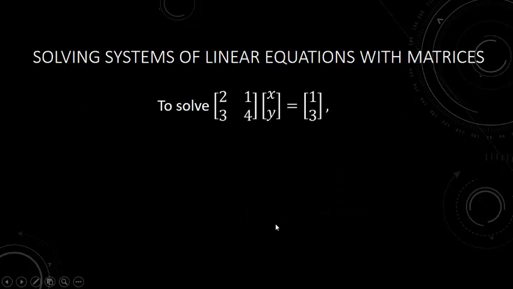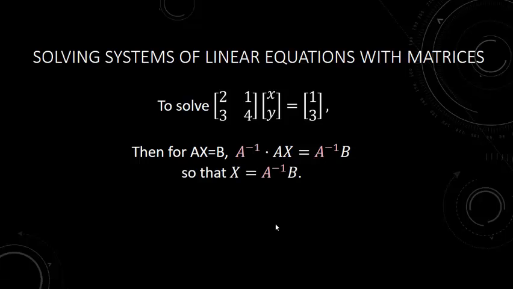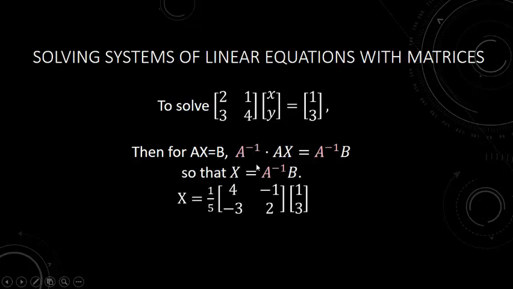Fortunately, we already found the inverse of our matrix earlier, and so I've substituted that here. 1/5 times this 2 by 2, and B is simply 1, 3. If you multiply these two matrices, and I do have a scalar out front, remember the scalar is just distributed to every term inside. So go ahead and take a moment, multiply those vectors.